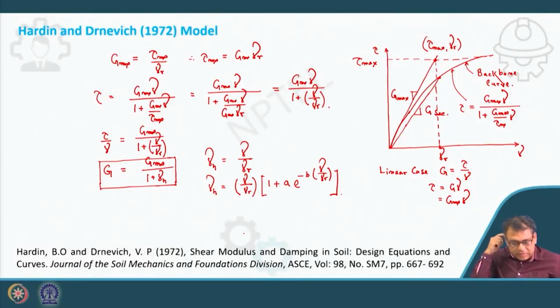I will discuss how to get the two parameters A and B through a table. So what are the things I have to determine? First A and B, then the strain at any strain level, and the strain reference. So now this is for shear modulus.